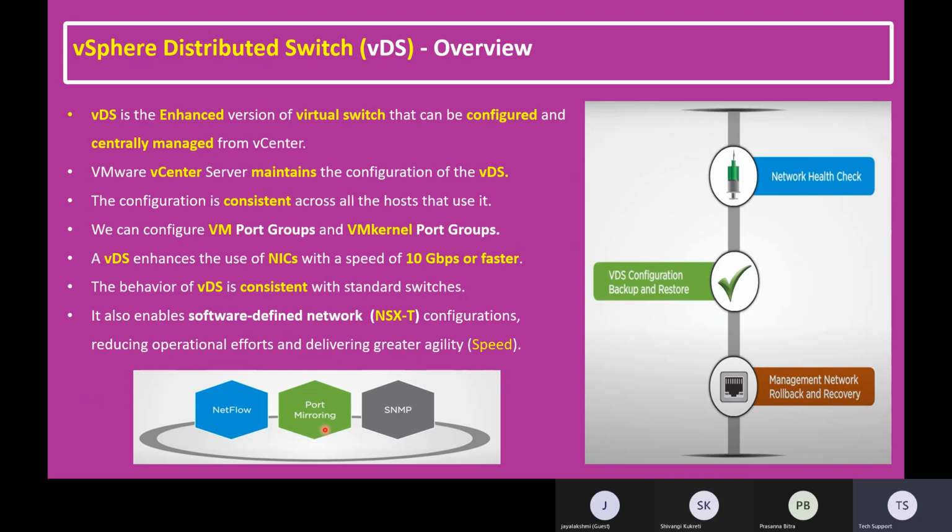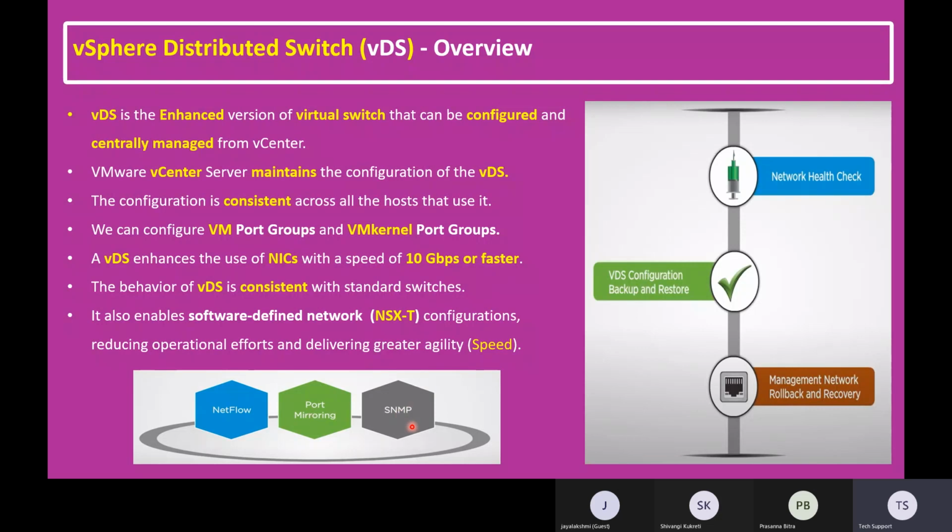When you enable port mirroring, it will duplicate that port, and the duplicate port will analyze the traffic flow. It's like NetFlow, which monitors the existing port, but port mirroring prepares a duplicate copy. That duplicate port will generate the traffic and verify the workflow, how the traffic is moving from source to destination.